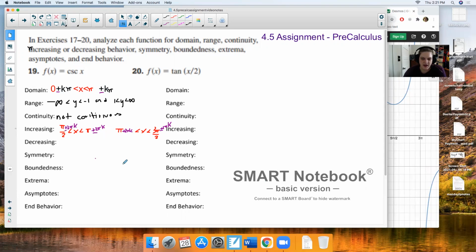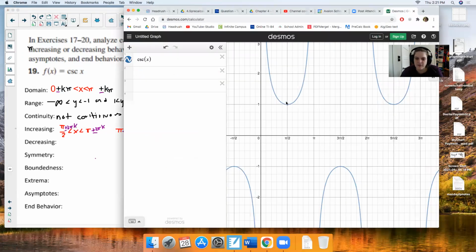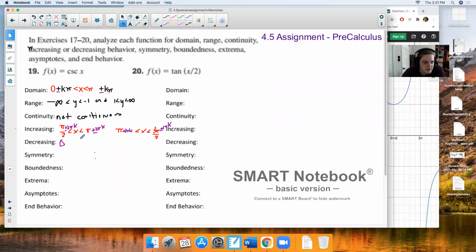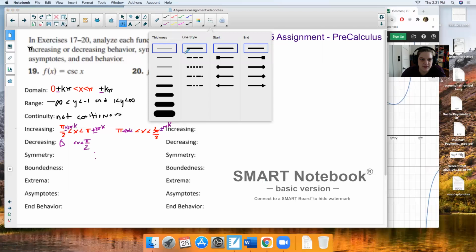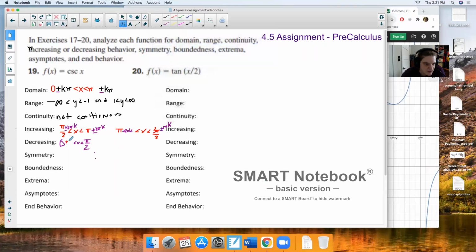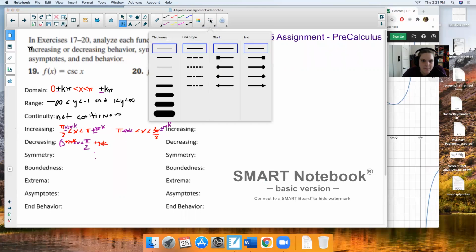Okay. Then it's decreasing between 0 and pi over 2. So 0 and pi over 2. And then we're talking about all of the x's between that. But of course, we have to add and subtract the fact that it repeats every 2 pi. And then this one. And then the next one is, let's see.